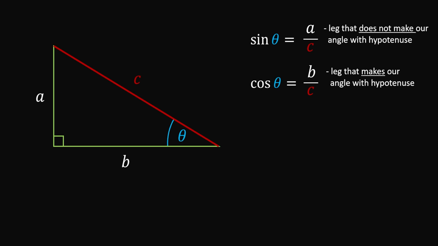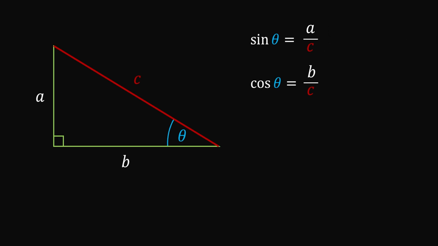Okay, but what about the other functions? The tangent of theta and cotangent of theta. So first let's start with the tangent of theta. The tangent of theta is actually equal to the sine over cosine of theta. And in this case, you don't need to calculate anything. Just look at the numerators of the sine and cosine.